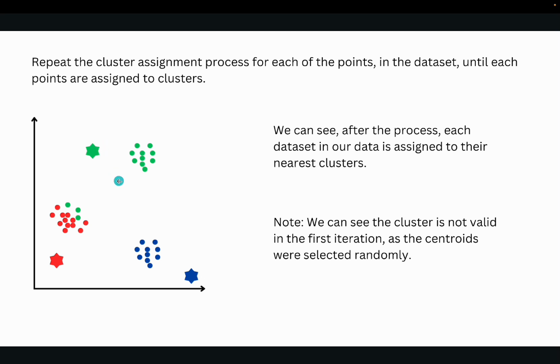Note that in this instance the clustering algorithm is trying to generate a new pattern, but it is not valid. We still have some instances of green, but the major thing is that it is assigning all the data to a particular cluster.